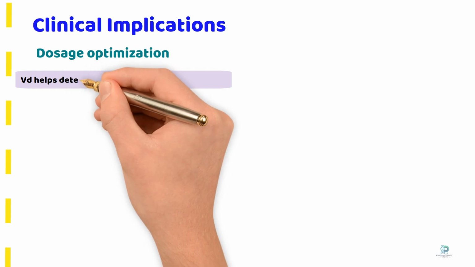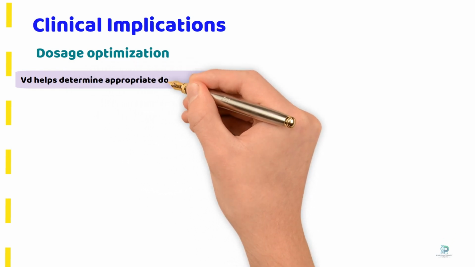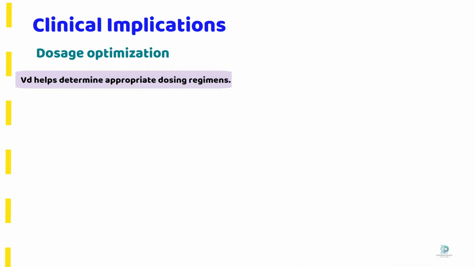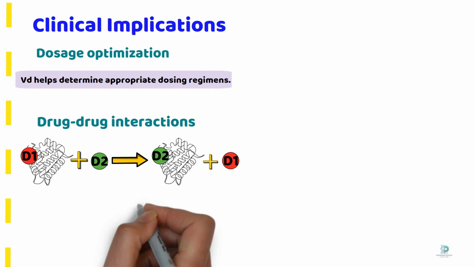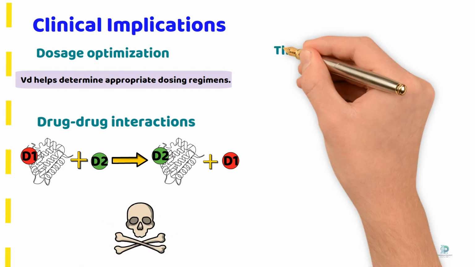Clinical implications. Understanding drug distribution is important for several clinical applications. Dosage optimization. Volume of distribution helps determine appropriate dosing regimens. Drug-drug interactions. Protein binding displacement can increase the concentration of free drug, potentially leading to toxicity.